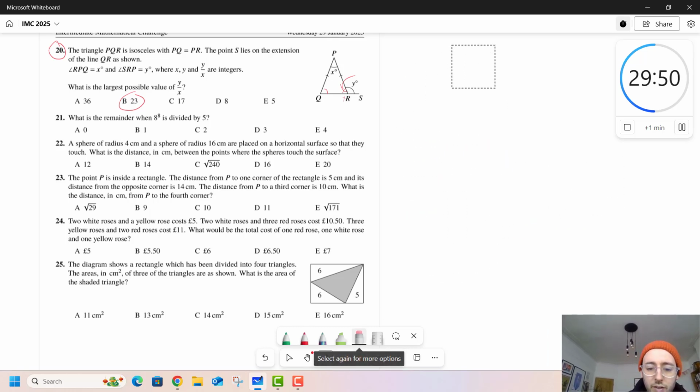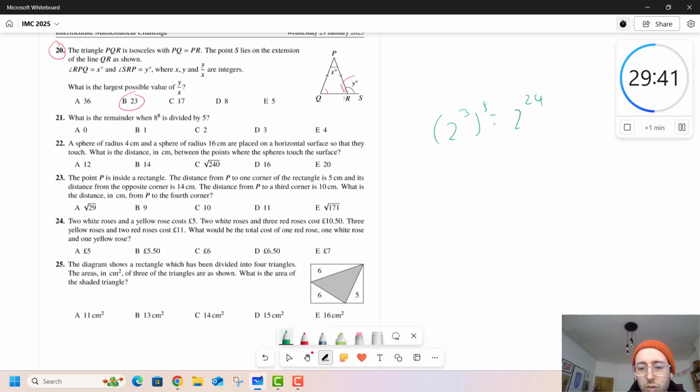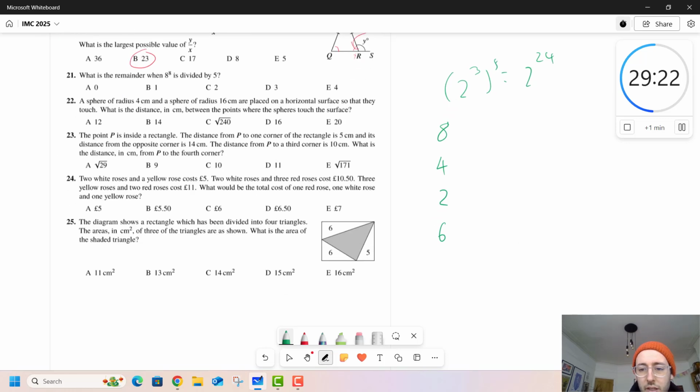Okay, 8 to the 8 divided by 5. 8 is 2 to the power of 3, to the power of 8, which is 2 to the 24. Now, if we just look at last digits, I probably could have done this just straight off the powers of 8, actually, because 8 is there, then times 8 is 64, then times 8 ends in a 2, then times 8 ends in a 6, then times 8 ends in an 8.